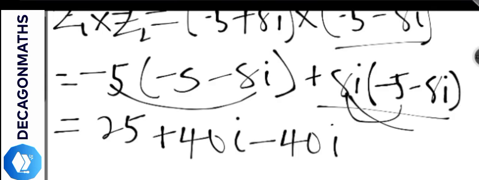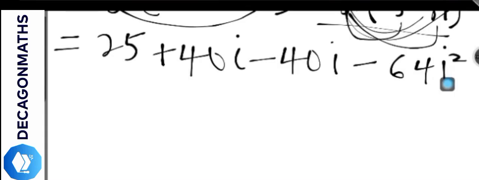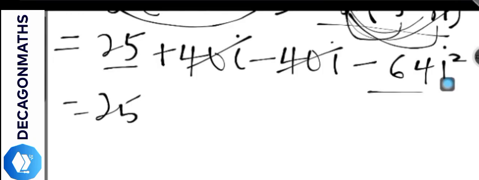Then 8i multiplied by minus 8i, a positive times a negative is a negative, and 8i times 8i is 64i squared. Alright, so 40i cancels out minus 40i, so you are left with 25 and minus 64i squared.